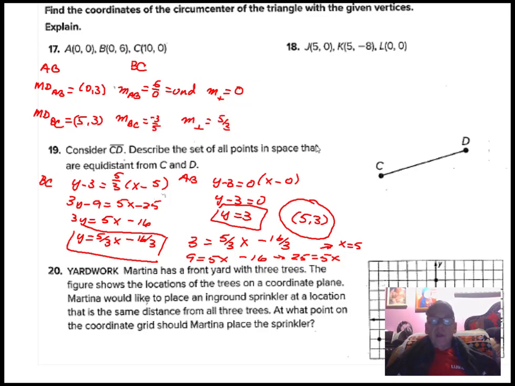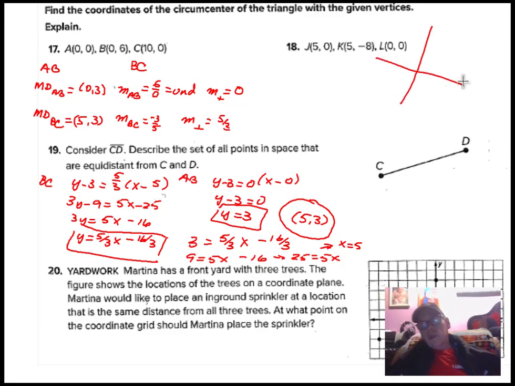Let's do number 18 graphically, which will give us an estimate. So to do that, what I need to do is sketch a graph, sketch a grid. Okay, we're sort of sideways a little bit on this.